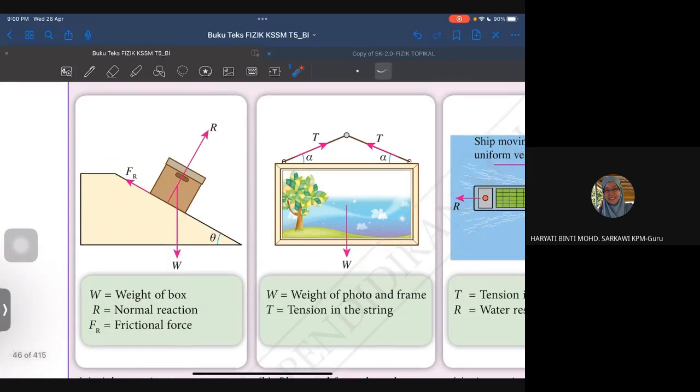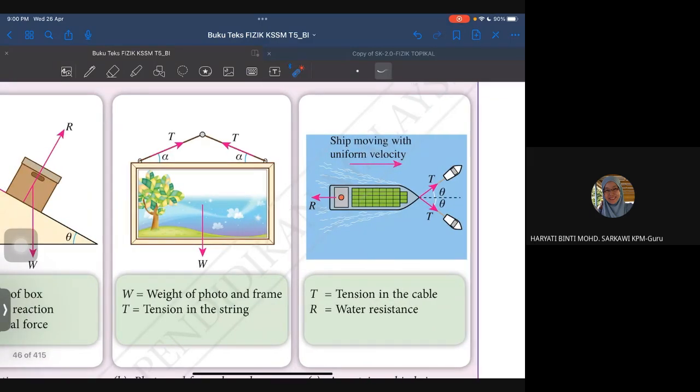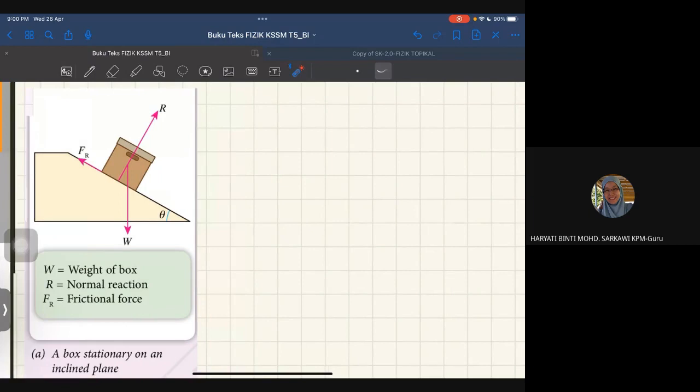Normally we don't give you a labeled diagram like this in the exam, so you need to label the diagram yourself, and then after that draw the triangle of forces. But now the forces are already labeled for you. But it's okay, we can try to draw the triangle of forces here.